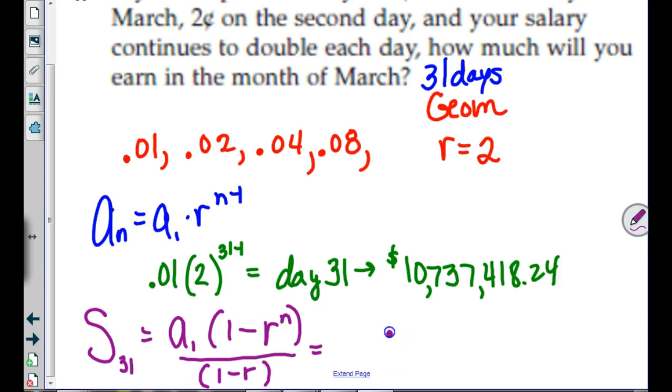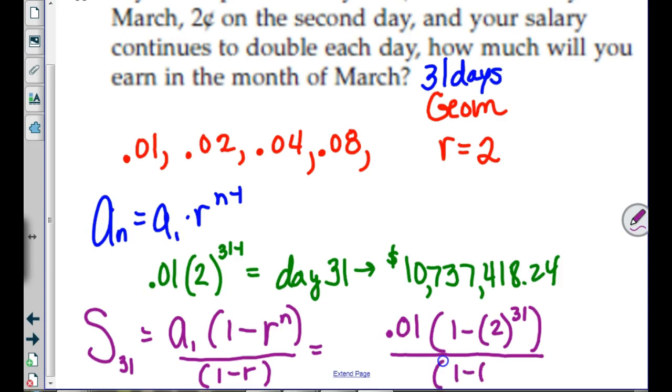But just to be careful, we usually do first term times 1 minus the ratio to the, what's n? That's term 1. What's n? N stands for term number. What is the term number we're adding up through? Yes. And it's not 31 minus 1, it's 31. We want to make sure and count that 31st day, right? Because it was a doozy. All over 1 minus 2. And in this case, because 2 is just a positive whole number, you really don't need those extra parentheses.